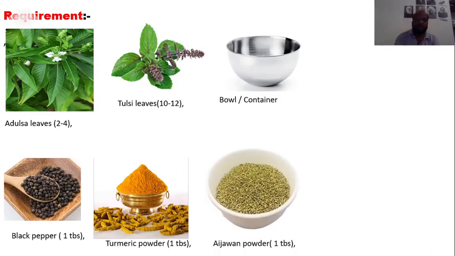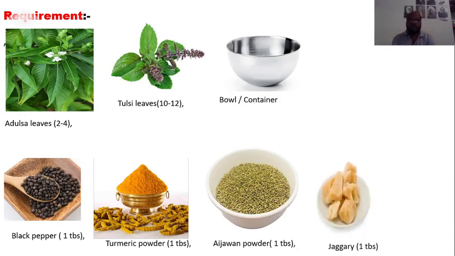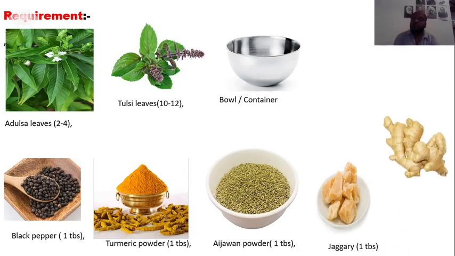Then ajwan, in Marathi we call it ova, 1 tablespoon. Then you have to take jaggery, 1 tablespoon, that is good. And last one, ginger, 1 inch. So all this material is the requirement for preparation of the decoction of the adulsa.